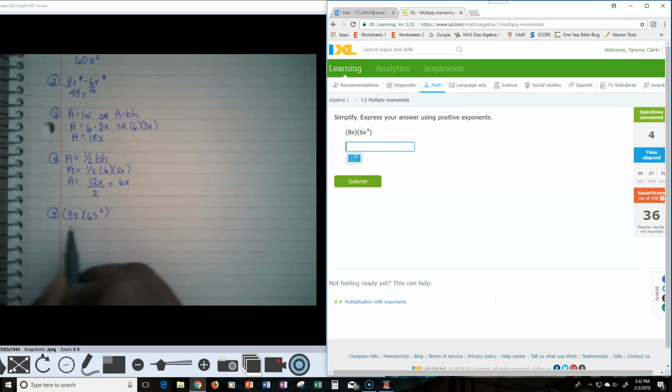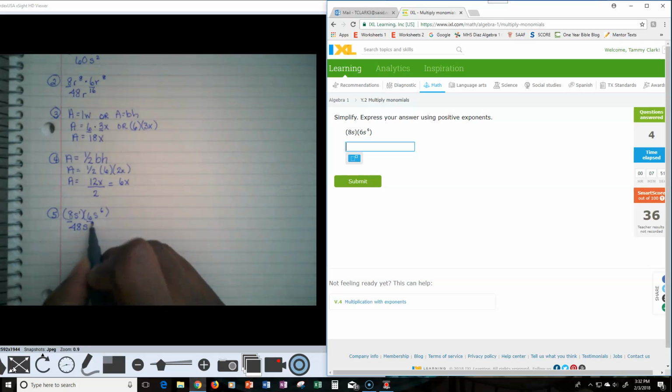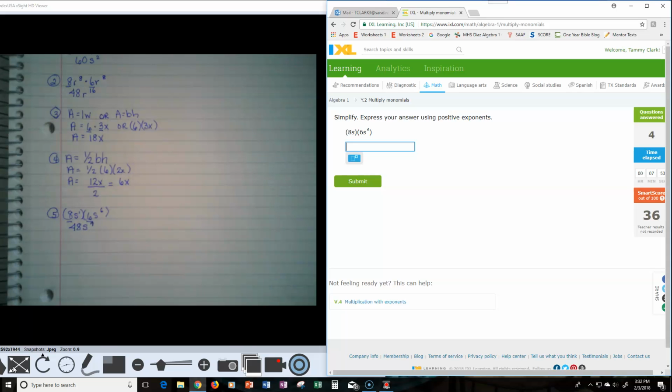As you've learned, we multiply the coefficients, so that gives us 48, and then we take our bases, which are s, and we add our exponents. 1 plus 6 is 7, so our answer would be 48s to the 7th power.